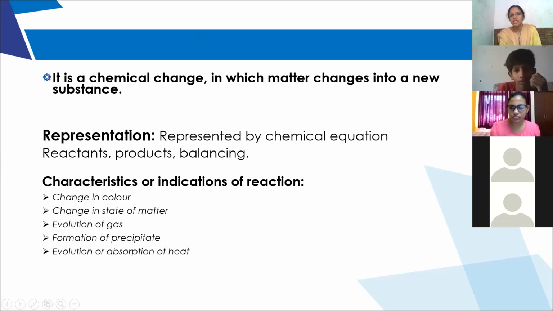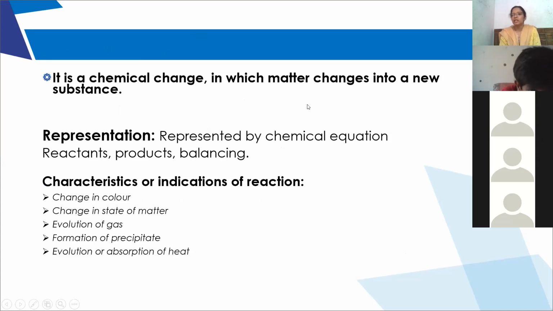First, coming to the definition of a chemical reaction or a chemical change, we all know that matter changes from one form to another. We cannot say that it is a change of state of matter, but the matter changes into a new substance. We can specify it as changing into one or more new substances, right?